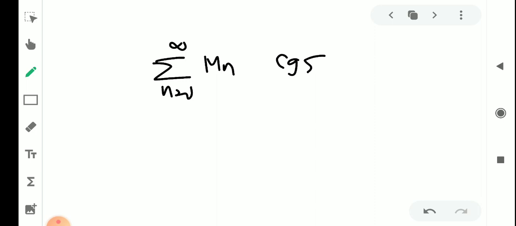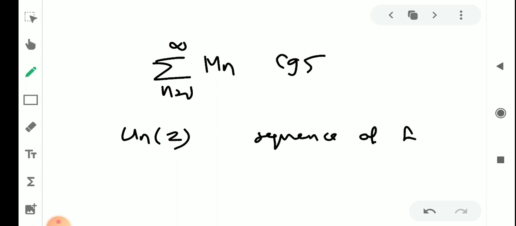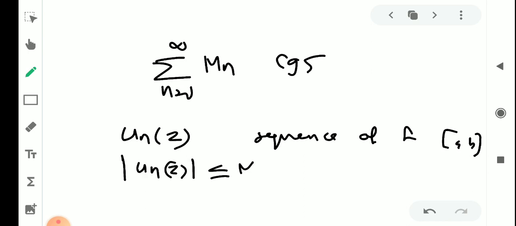We have a test known as the Weierstrass M-test. The Weierstrass M-test says, let un of z be a sequence of functions on a closed interval ab, and modulus of un of z is less than or equal to mn for every n and for every x, where mn is a sequence of real numbers.